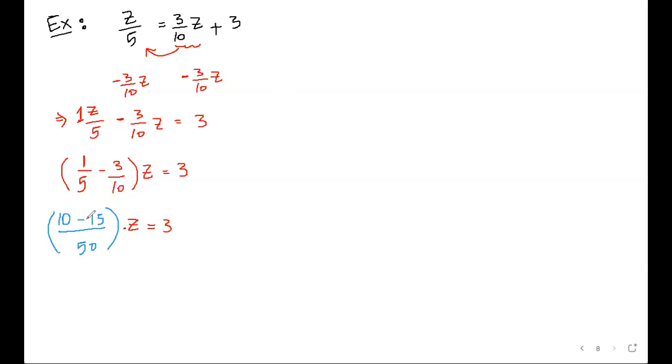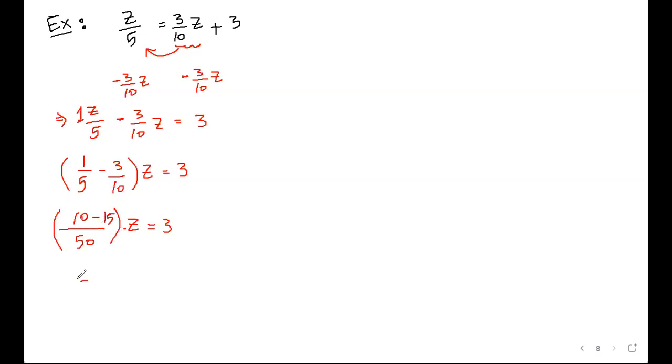Now 10 minus 15 is negative 5. So negative 5 over 50, 10 minus 15 over 50.